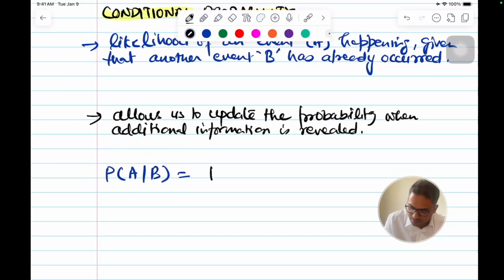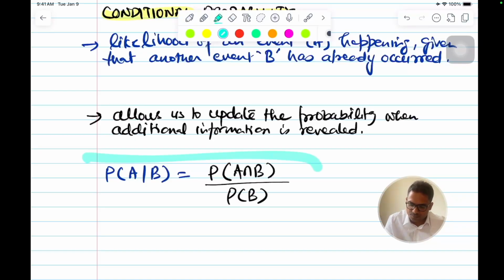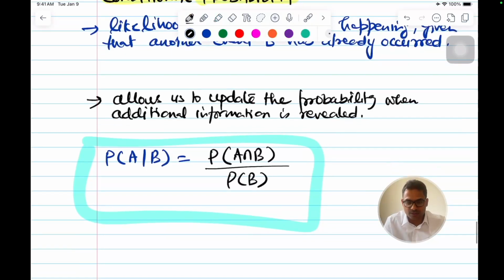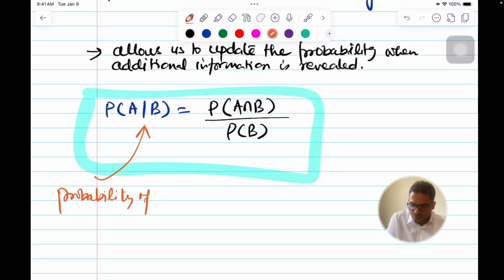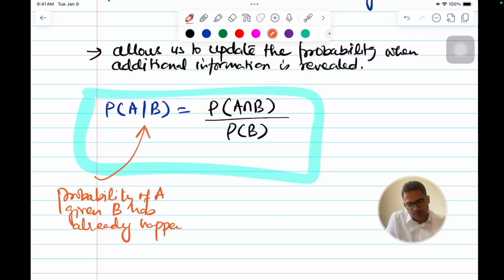So this is given by the definition. This is the probability of A given B has already happened.